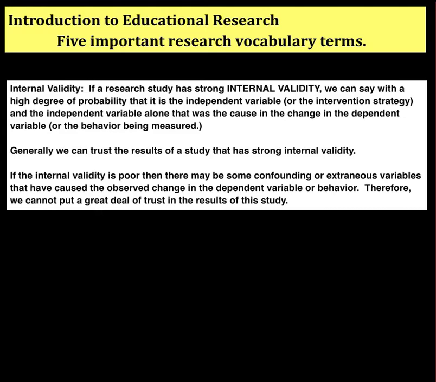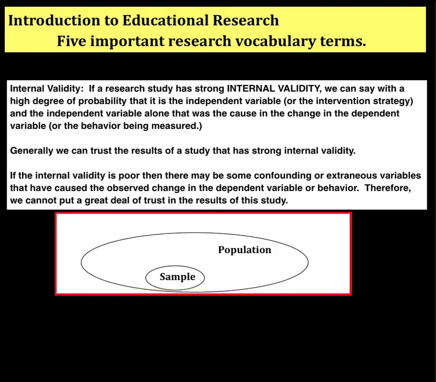If the internal validity of a piece of research is poor, then there may be some confounding or extraneous variables that have caused the observed change in the dependent variable, and therefore we really cannot trust the results of that research. So internal validity is important for a piece of research. Now the other type of validity is called external validity.